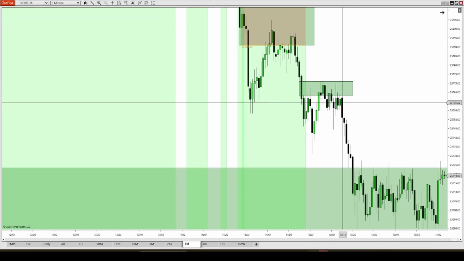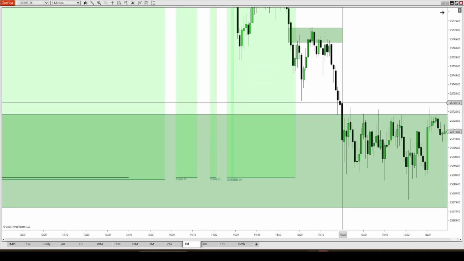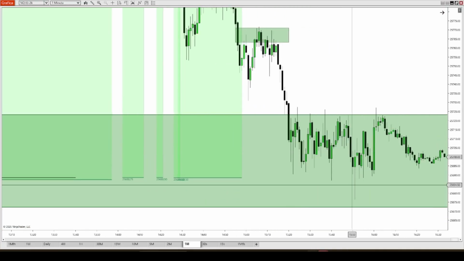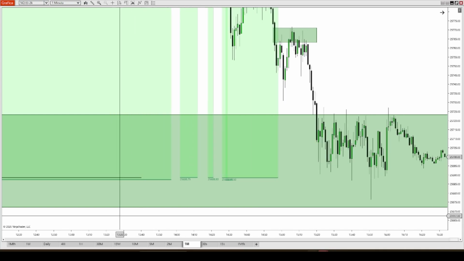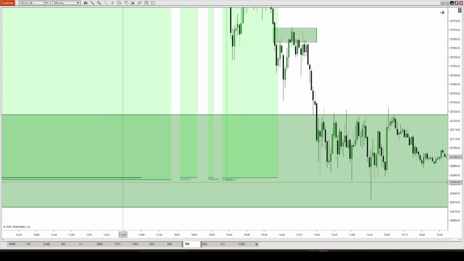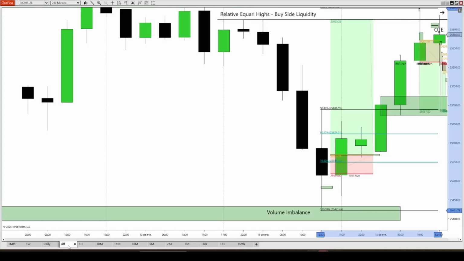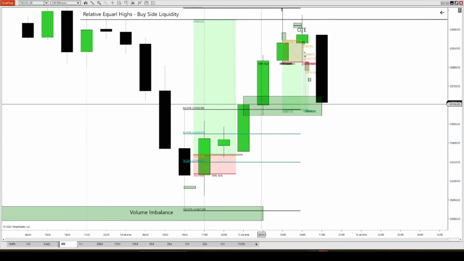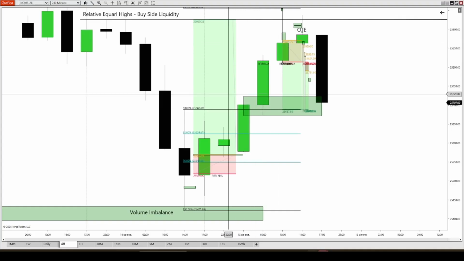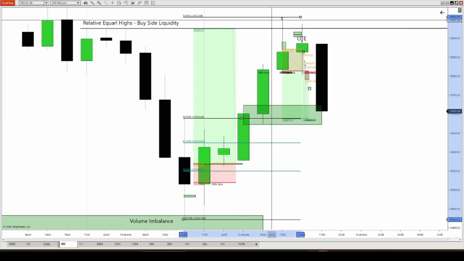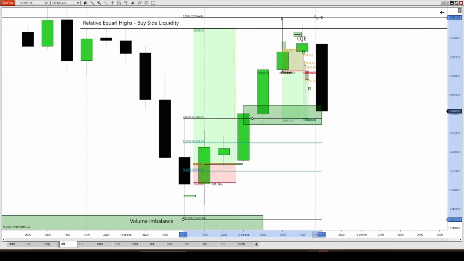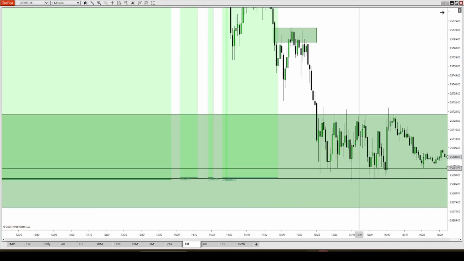But that was the final opportunity to go short, and boom, price took exactly our TPs, reaching equilibrium in our balanced price range. You can see it here, right there, boom.